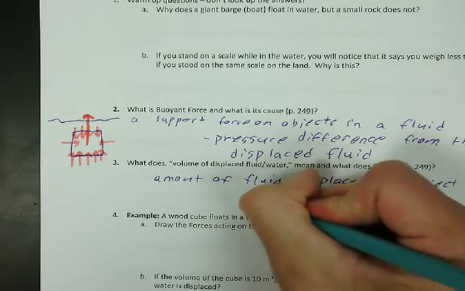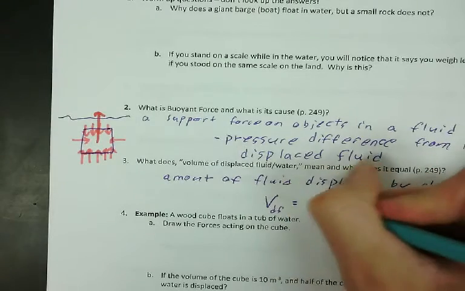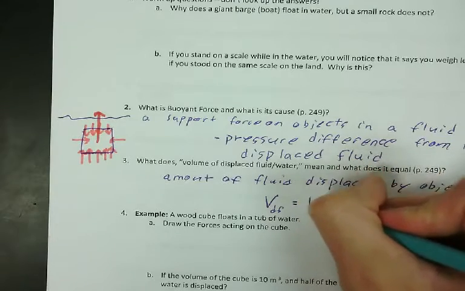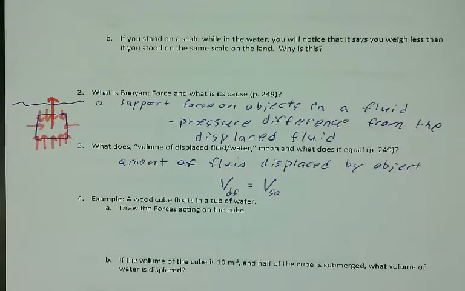The volume of the displaced fluid equals the volume of the submerged object. Now, the submerged object may not be the entirety of it. If it's not the whole object, it's just how much is submerged. But the volume of the fluid that's displaced is equal to the volume of the submerged object. So if you have a 3 cubic meter box and you submerge the whole thing in water, then the displaced fluid is 3 cubic meters of fluid.